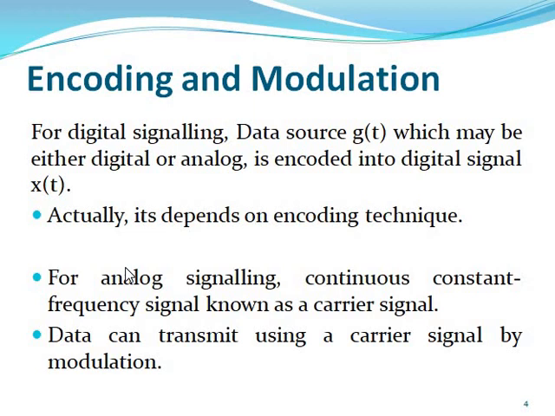Actually it depends upon the encoding techniques. An analog signal is a continuous, constant frequency signal known as the carrier signal. The data can be transmitted using the carrier signal by modulation. So an analog signal is continuous, based on a constant frequency signal.